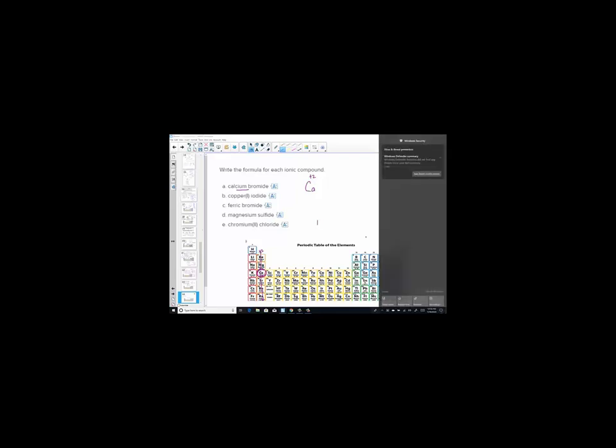Here's bromide. That's from the element bromine. I know that it carries a -1 charge just because it lives in group 7A. Bromine, with its 7 valence electrons, will add 1 more to become like a noble gas, making it a -1. When we crisscross, we bring our numbers around and down. Ca1, Br2.